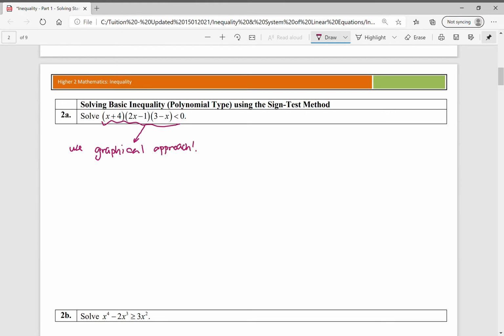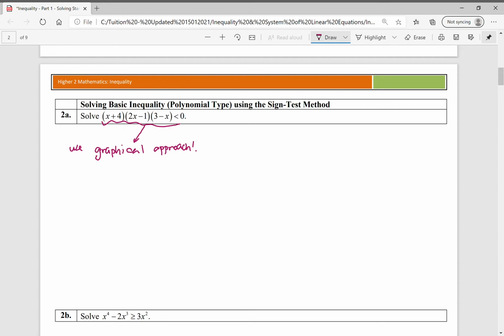Of course, some of us will ask, how do I even draw a cubic graph? There are two ways. You can either use a graphing calculator, which we will get very soon, or you can use some analytical method to sketch the cubic graph, which I'm not going to cover for today.